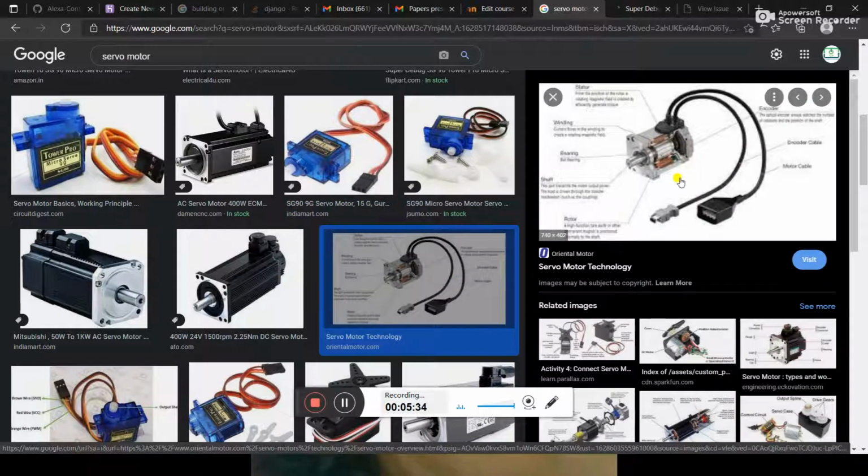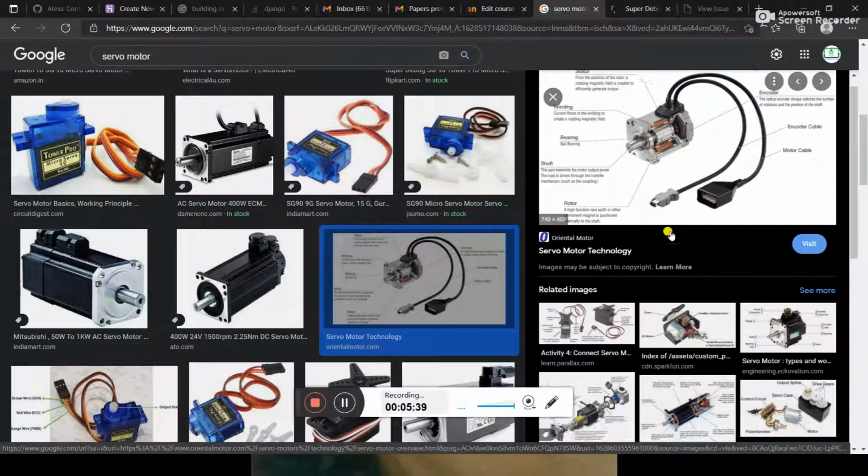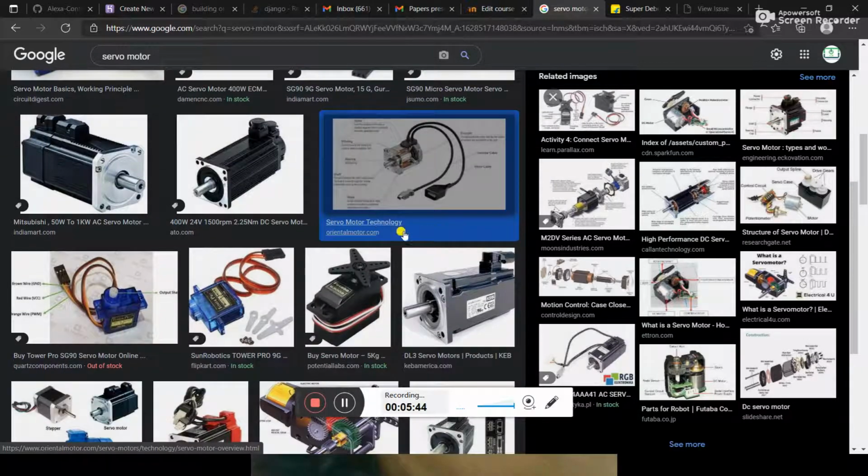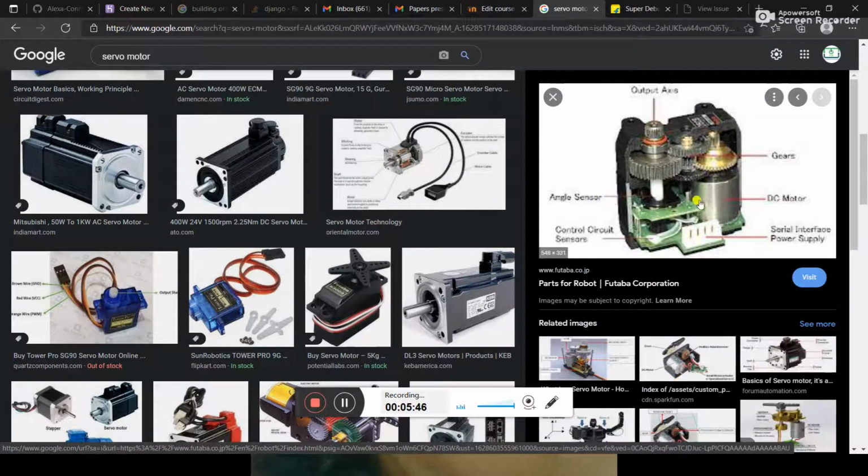You may also find a servo motor of this kind, where you can define the theta of the rotation, and it is often used in robotics. Basically there is a gearing system in the servo motor. This gearing system helps us pull higher weight. You can see here a cross section of a servo motor.